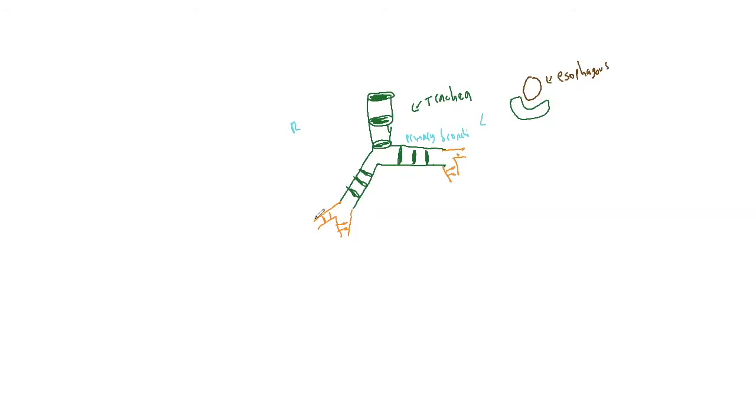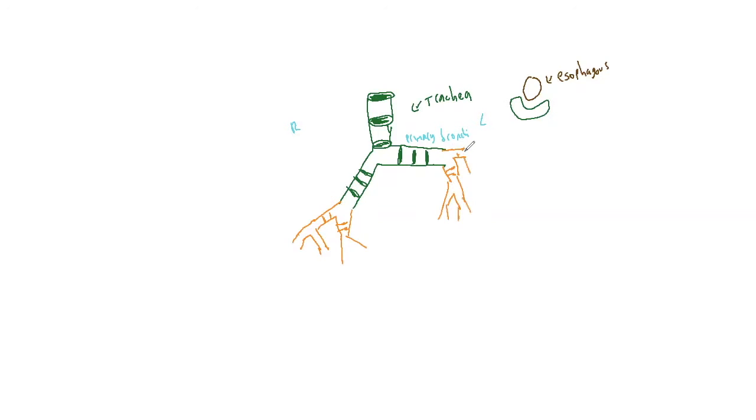But then the further bronchi divisions are eventually going to be known as the bronchioles. And they are going to be mainly made up of smooth muscle. So I'm not going to draw a lot of these, but I'll draw a couple just to give us an idea here. See that they're going to keep on doing these fractal divisions.